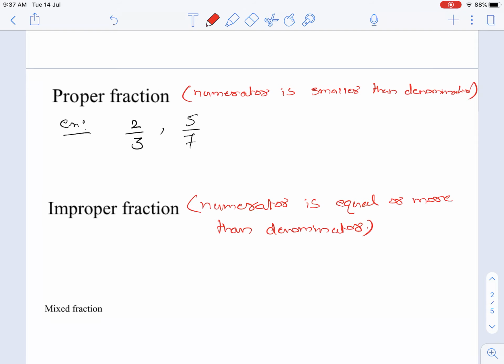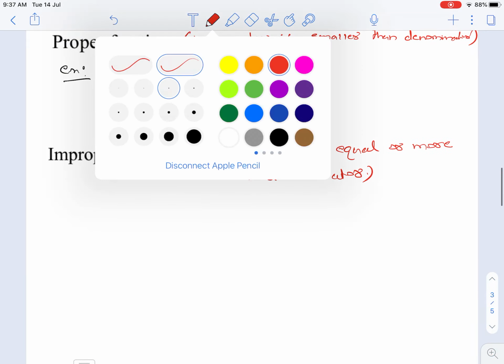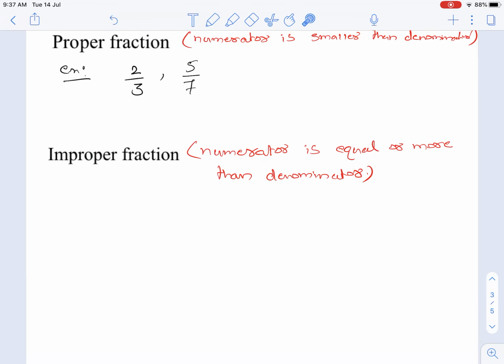Now let us consider some examples of improper fractions. What condition have we learned? In an improper fraction the numerator is equal to or more than the denominator. For example, 10 upon 7. Here the numerator is greater than the denominator, so this is an example of an improper fraction. Consider another example, 15 upon 8. Again the same condition, the numerator is greater than the denominator, so it is an example of an improper fraction.